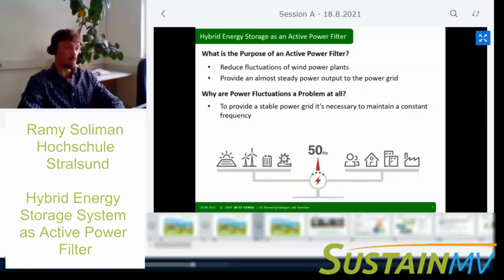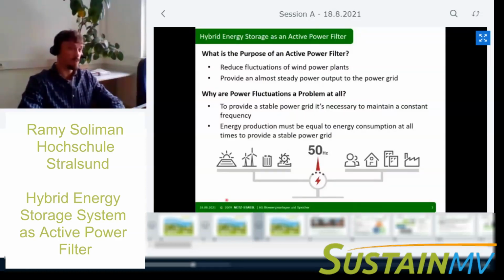So to provide a constant frequency, you have to make sure that the energy production equals consumption at all times. This is represented by the scale shown below. Basically, more production than consumption means the frequency will rise and vice versa.